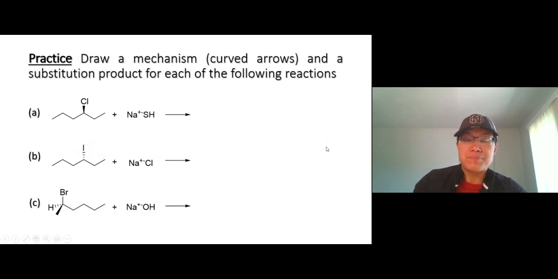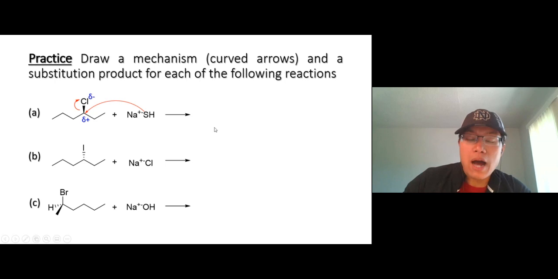Draw the curved arrow and show the product of this SN2 reaction, and then you check with me. We have the nucleophile here for sure, a sulfide, S minus. Your electrophilic center is carbon because it's connected to chlorine. Chlorine is a highly electronegative atom, partial negative, so carbon is partial positive. Negative goes to positive, so we'll attack that carbon for sure.